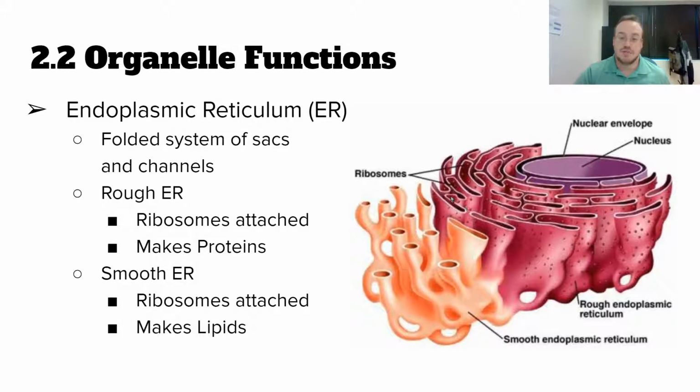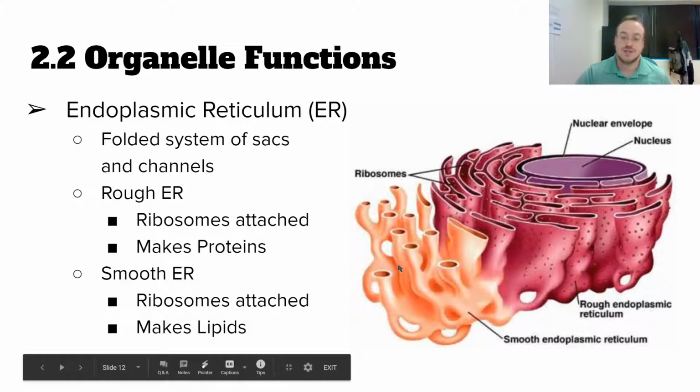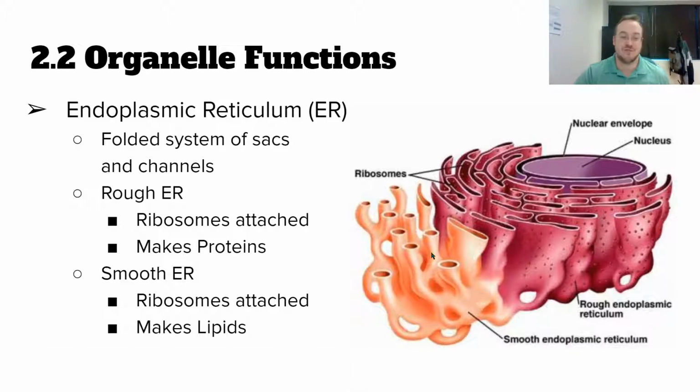The ribosomes are on the rough endoplasmic reticulum, which is this red part, and this orangish part is the smooth endoplasmic reticulum because it doesn't have ribosomes, all right? So this works to make proteins in the rough endoplasmic reticulum and lipids, which are kind of like fat cells, in the smooth endoplasmic reticulum.